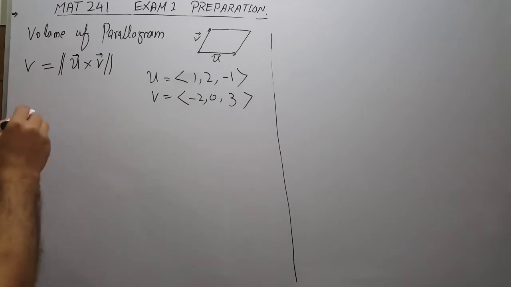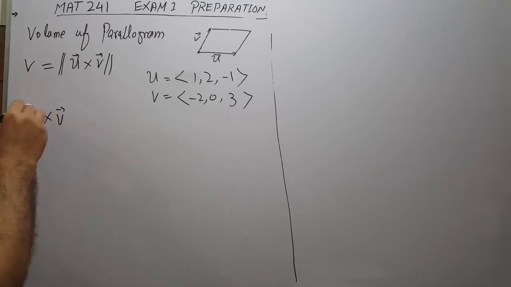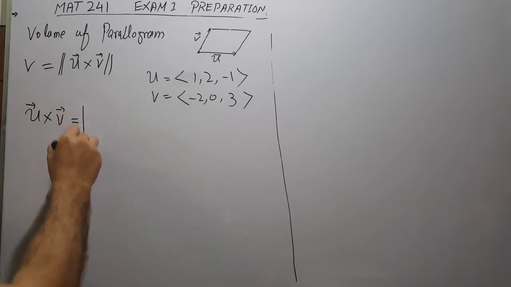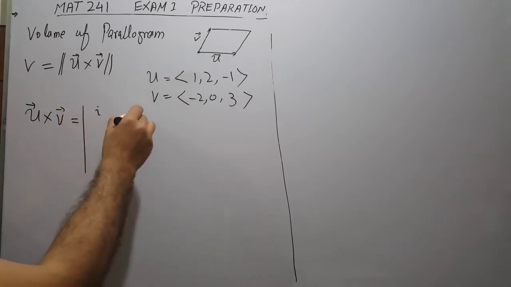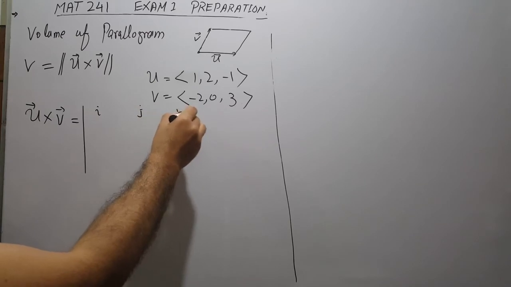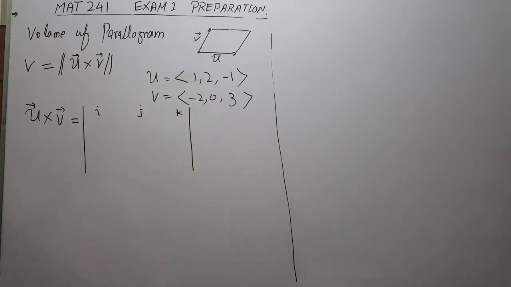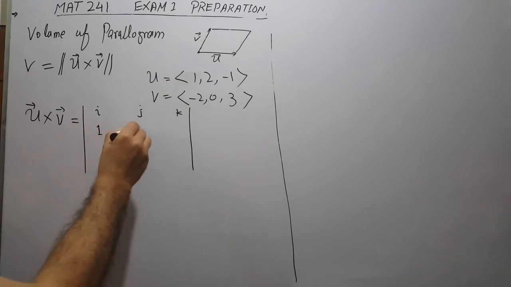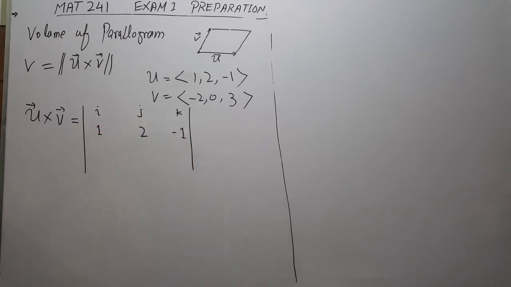What is the cross product? You need to find the cross product first. If you are given these two vectors, you write down the i unit vector, j unit vector, k unit vector, and then the first vector u: the first entry, the second entry, and the third entry.